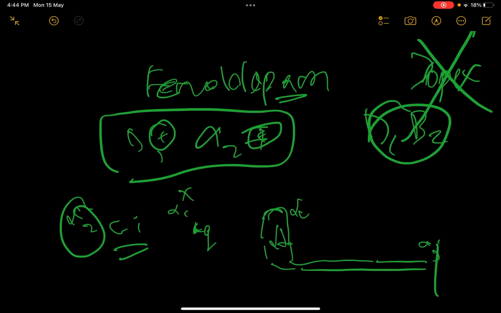If it is present at the muscle, alpha 2 is going to inhibit the muscle. Okay, it's going to cause decreased action of the muscle. So in some way or the other, it decreases norepinephrine release as well.